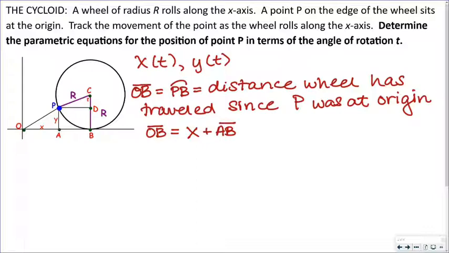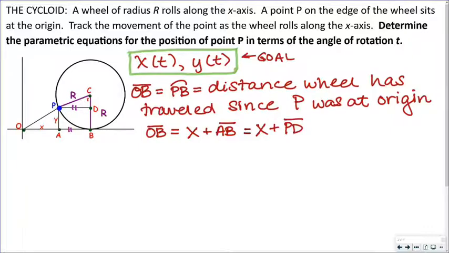And remember, we're trying to define X and Y in terms of T. That is our goal. So I want to relate things to t. So first I'm going to say that if you look at my picture, segment AB is congruent to segment PD. So I can now say that OB must then equal X plus segment PD.